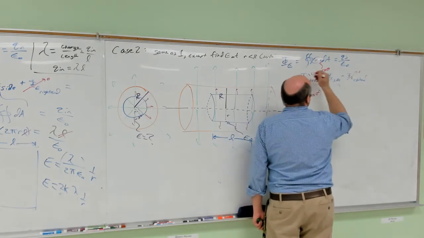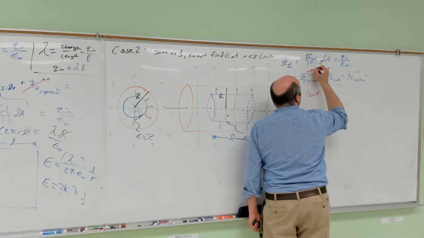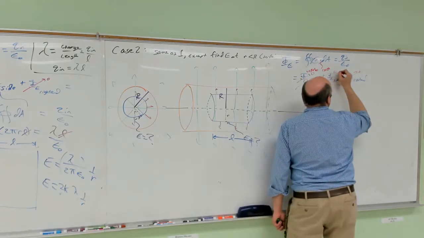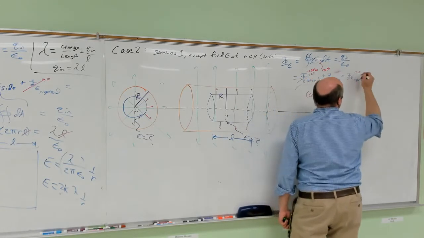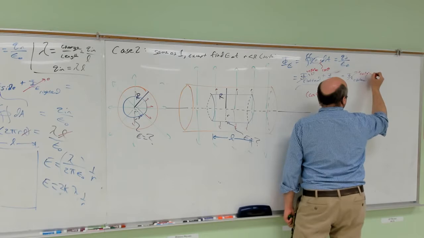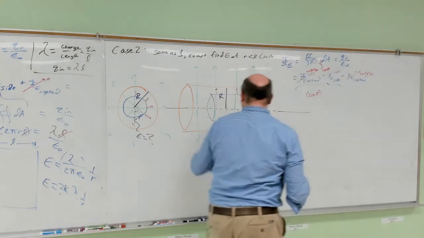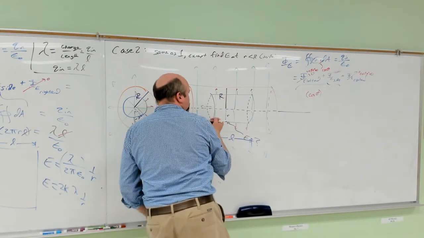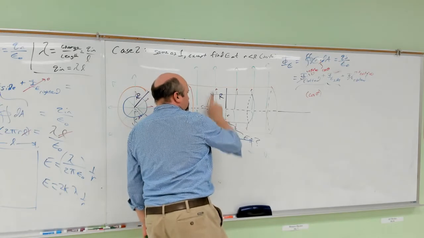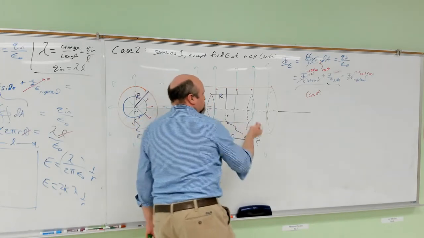For these ends, I get the cosine of 90 degrees, which is 0, between the area vector shooting out of the surface and the E field going parallel to the surface on these sides.